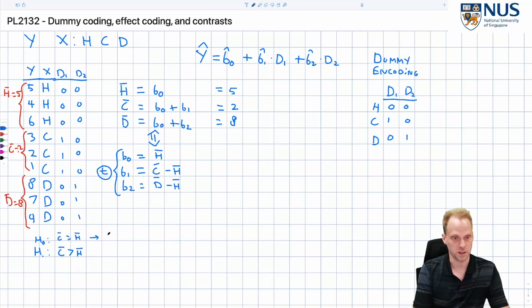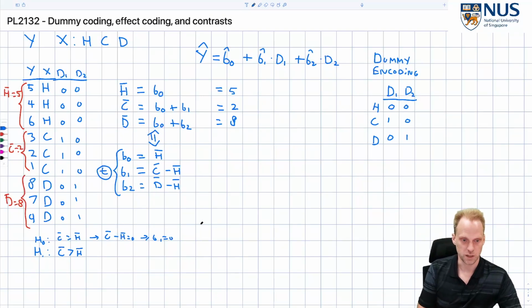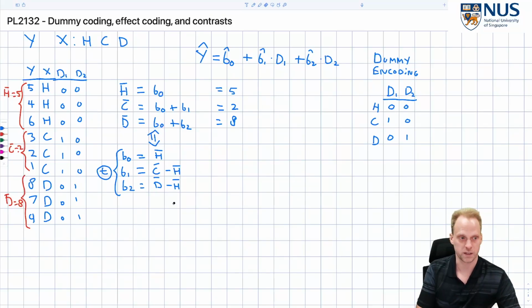That is the same as saying that cats minus hamsters equals 0, which is the same as saying, in this case, beta 1 equals 0. So that means that these parameters encode what we call effects. So these three are effects.